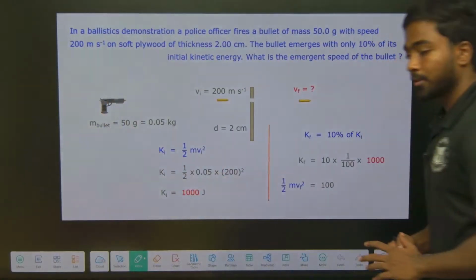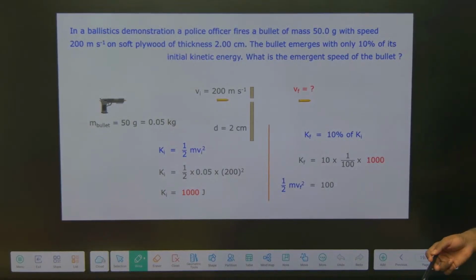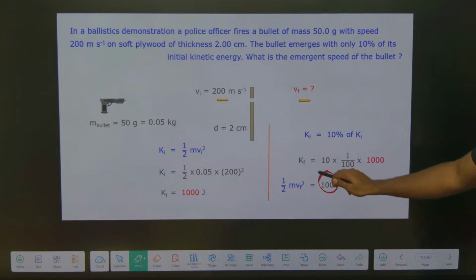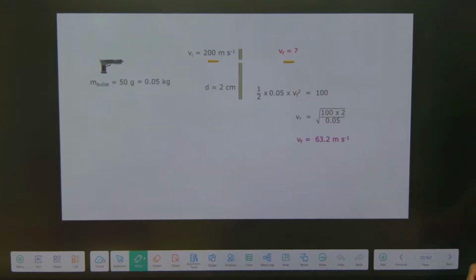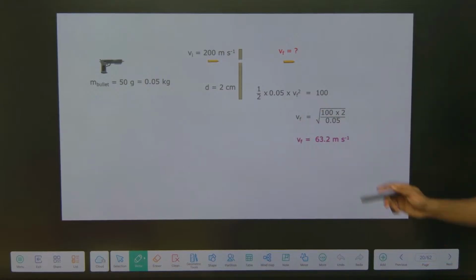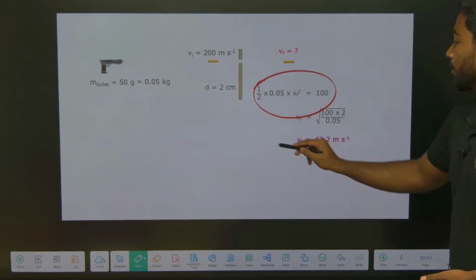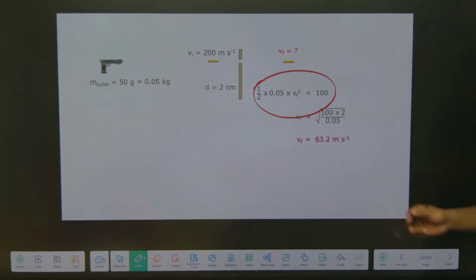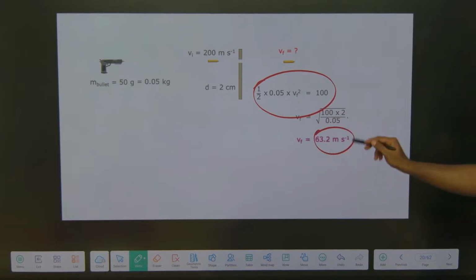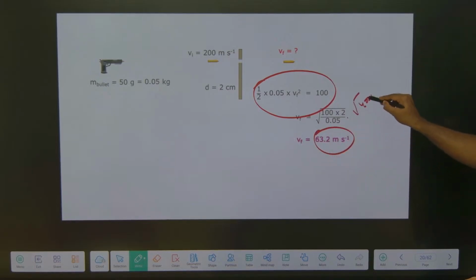You can check it. 1000 joules, and it is 100 we got, no? Final kinetic energy 100, and for the second part, the velocity, they have calculated 63.2. We have stopped up to root 4000. That's it.